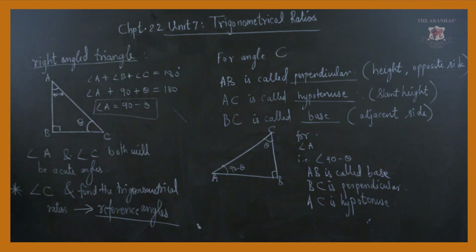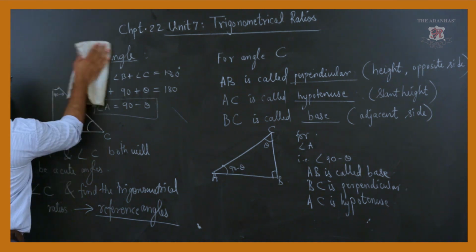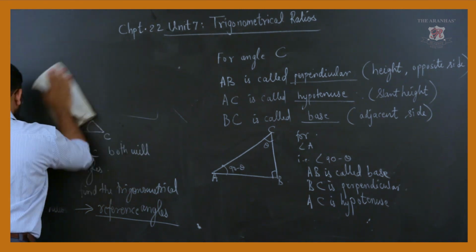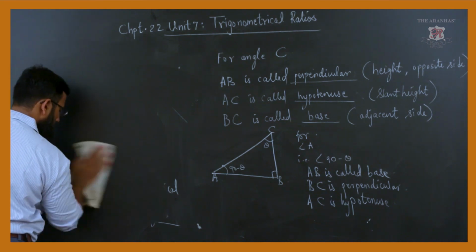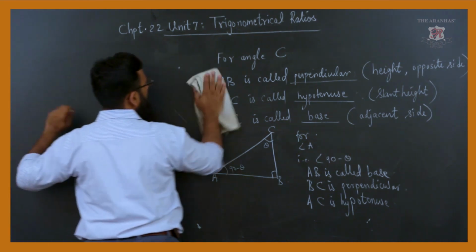So in your syllabus, basically you have 6 trigonometrical ratios.